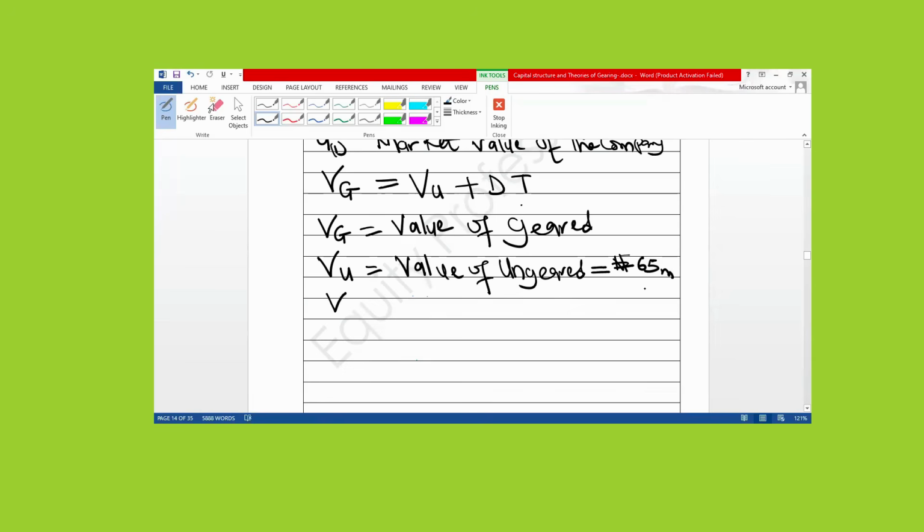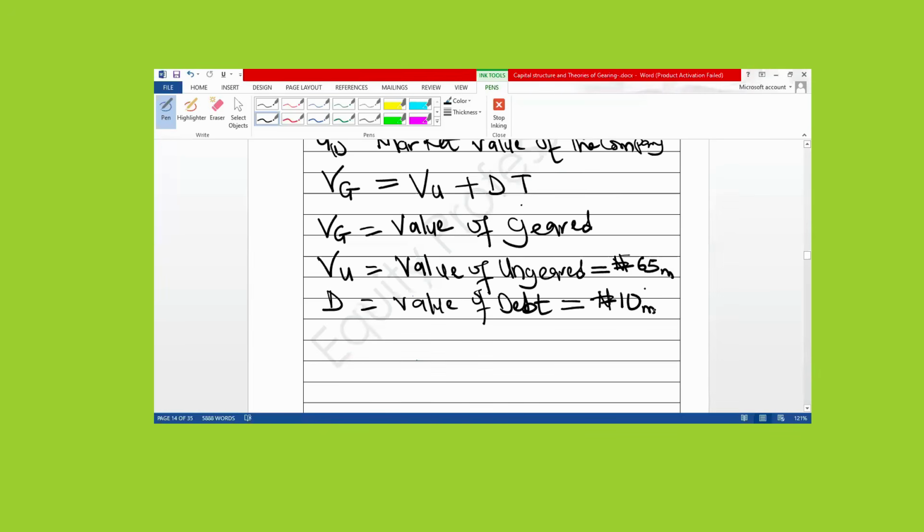D, value of debt, that is the bond, that is 10 million. We are going to repurchase 10 million of equity and replace it with a bond.